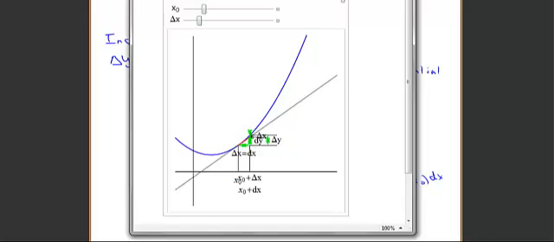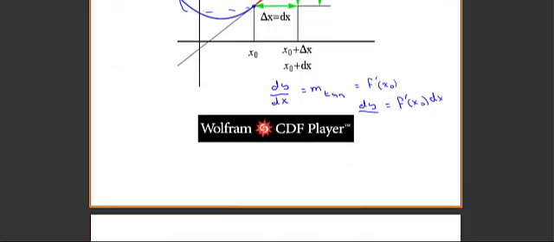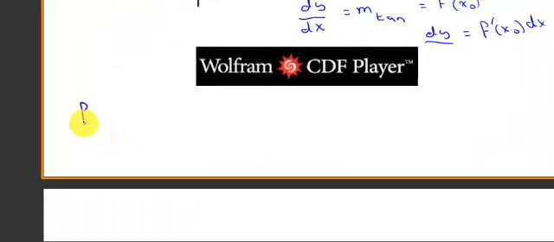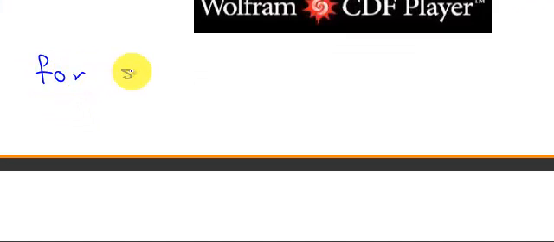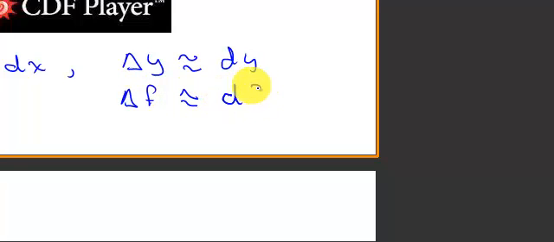So the thing that we want to keep in mind is that for small delta x, which is the same thing as dx, delta y is approximately dy, or saying this in terms of f, delta f, remember delta f is the same as delta y, is approximately df.